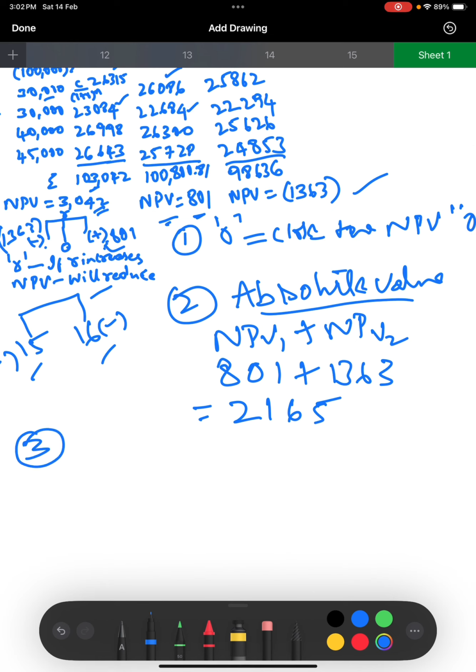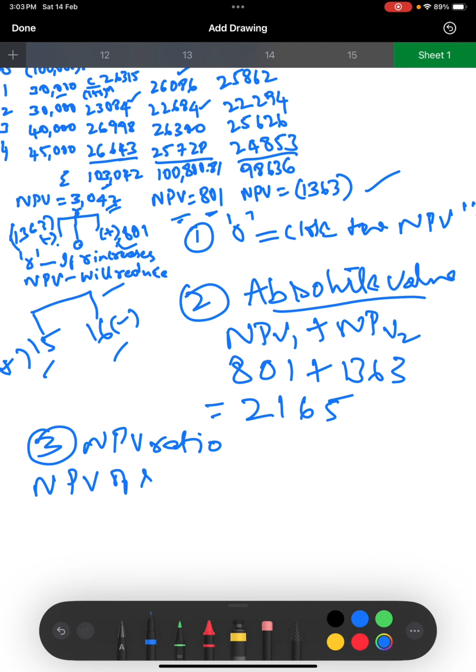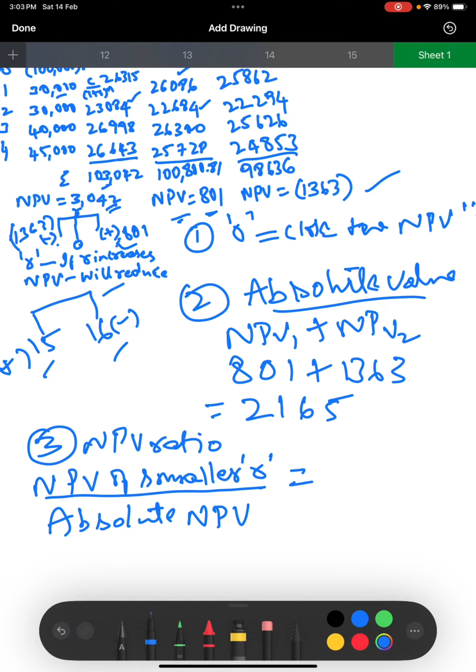The third step is to find out the NPV ratio. The NPV ratio is very simple: NPV of the smaller r divided by the absolute NPV. So what is the smaller r?